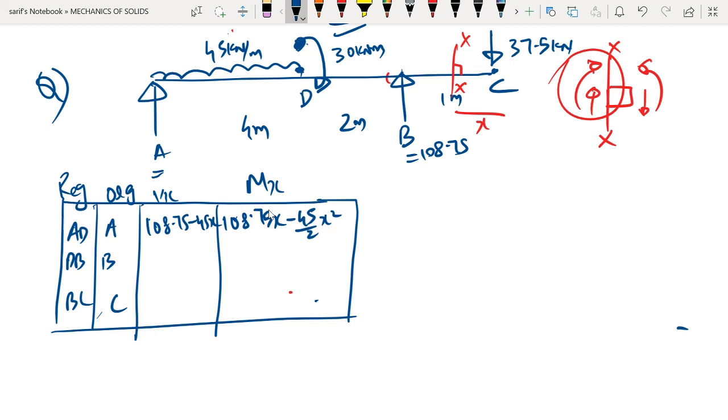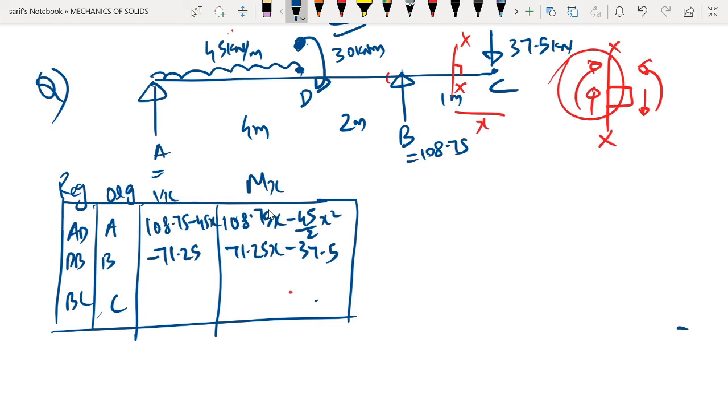And if we consider the region DB, the shear force is minus 71.25 in the region. It is a constant value, and the bending moment is going to be 71.25x minus 37.5. It is having a linear variation.